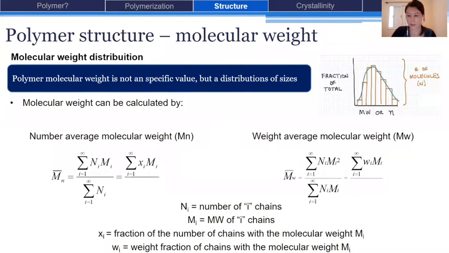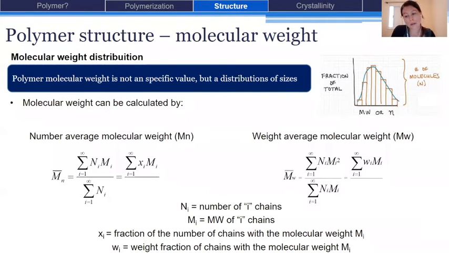So after the polymerization process, we will obtain many polymeric chains, and probably all of them won't have the same molecular weight. It is very difficult, even controlling the polymerization process very well, to have a unique molecular weight for all the polymeric chains.